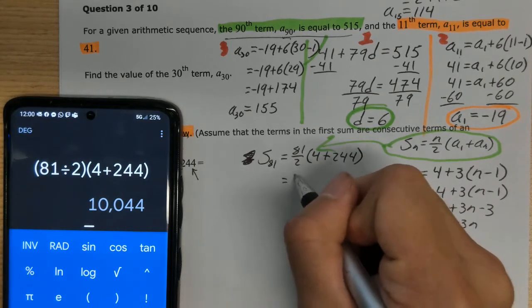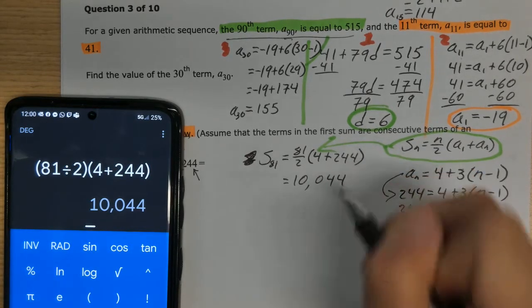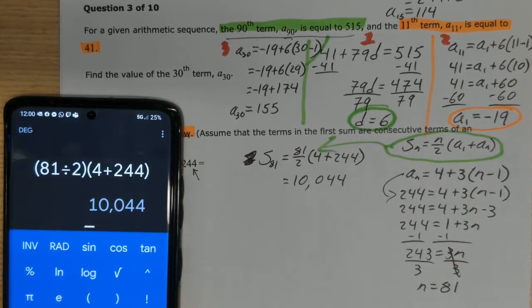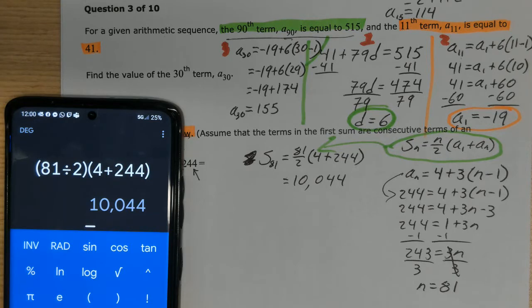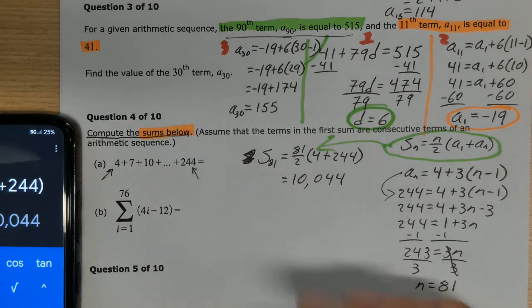Some calculators can group everything by themselves. Is that our answer? That would be your answer. That's the sum.